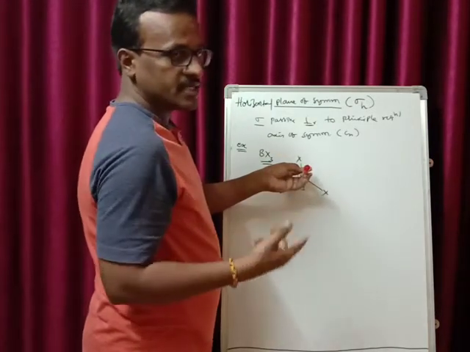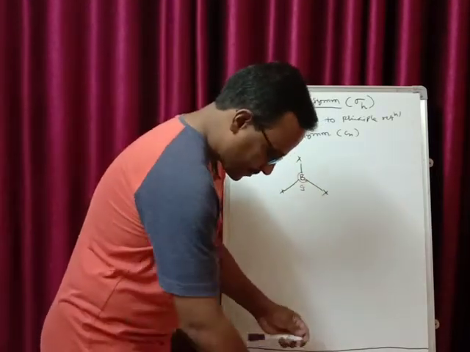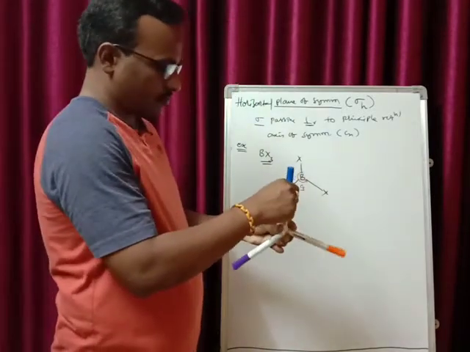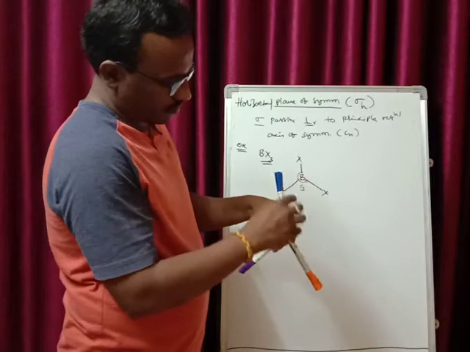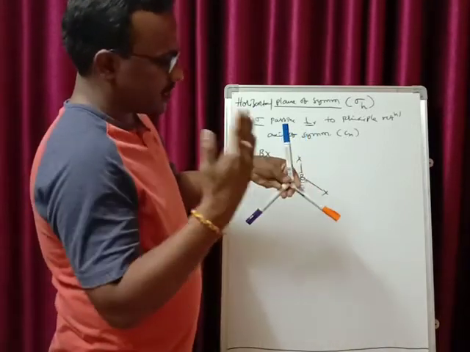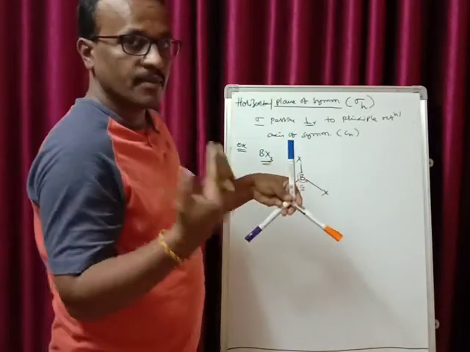Now coming to the horizontal plane of symmetry, if you take the BX3 molecule, the principal rotational axis of symmetry is like this, and if you pass a plane like this, it is called a vertical plane of symmetry, because this plane is passing parallel.